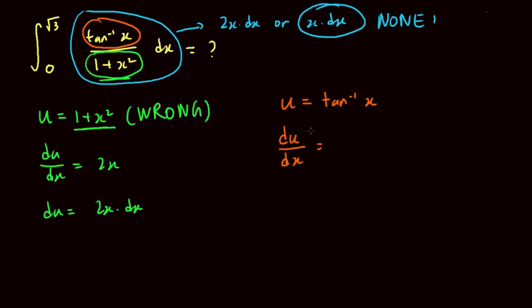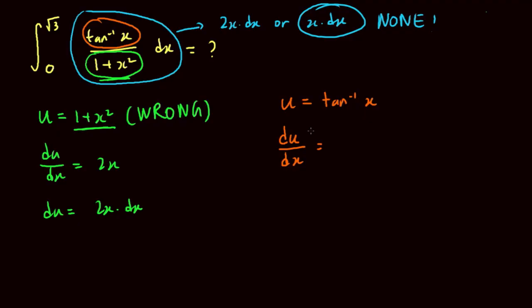Once we do du over dx for the inverse tan function, I decided to pull up my standard table, the one I shared last time in the previous video, which will also be shared in the description in case you didn't watch the previous video. Let me look for it.